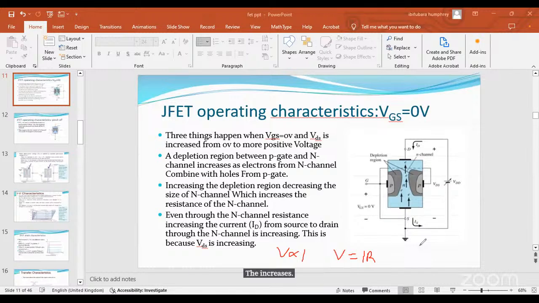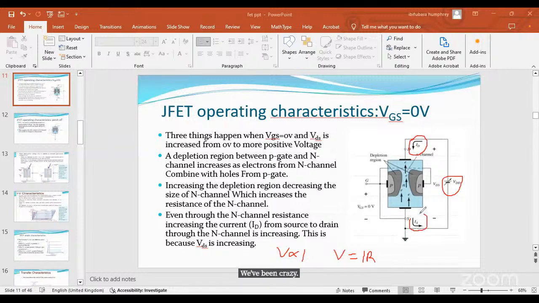So I remove the proportionality sign, I replace it with a constant. So R here in this expression represents a constant. So if I apply this knowledge to this, what is happening here, as I increase this V, that is VDS, as I increase this, ID will be increasing.